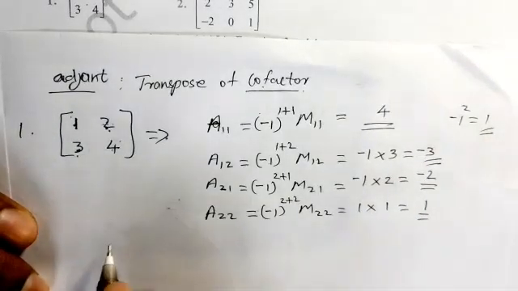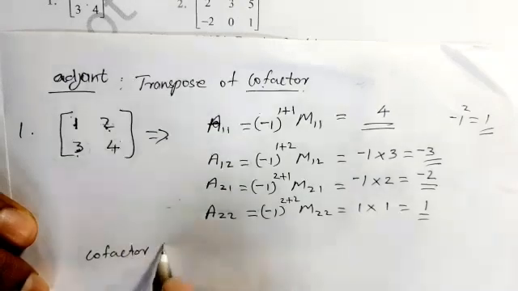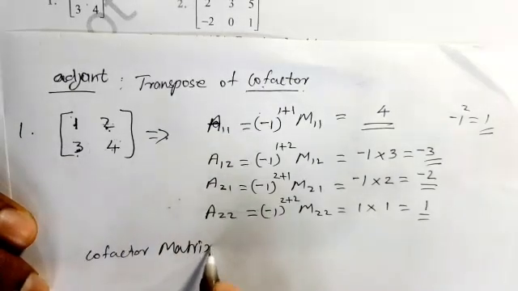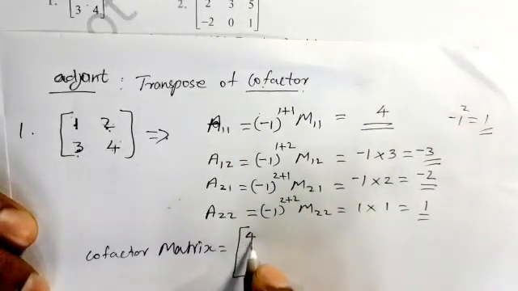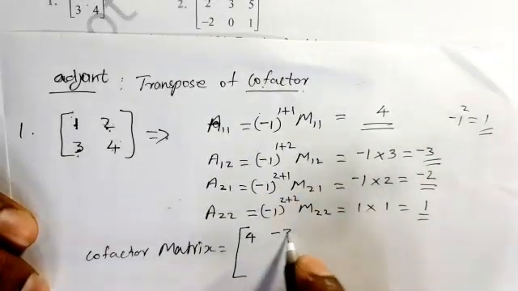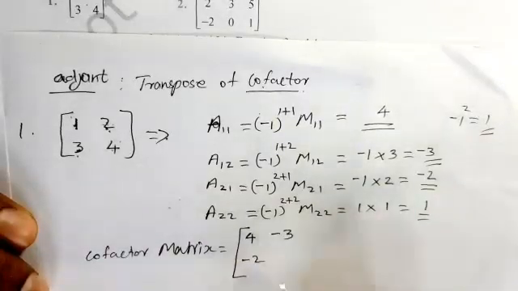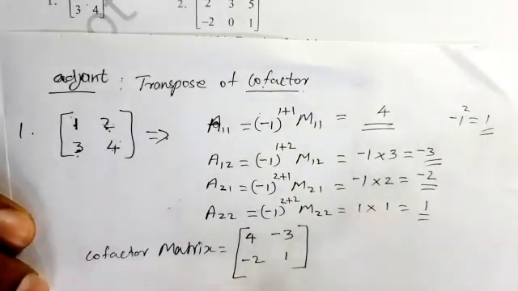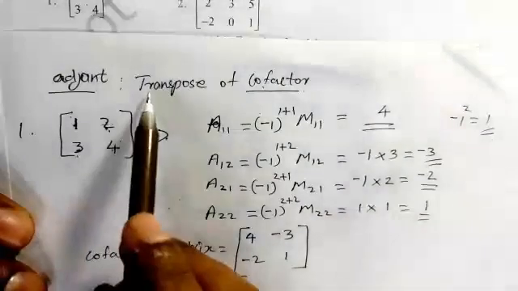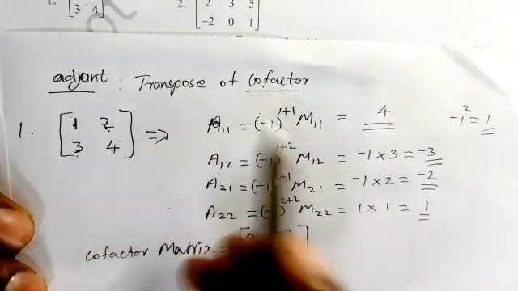So we get the cofactor matrix. The cofactor matrix is: first position A11 is equal to 4, A12 is equal to minus 3, A21 is equal to minus 2, A22 is equal to 1. This is the cofactor matrix. And we said adjoint means the transpose of the cofactor matrix.